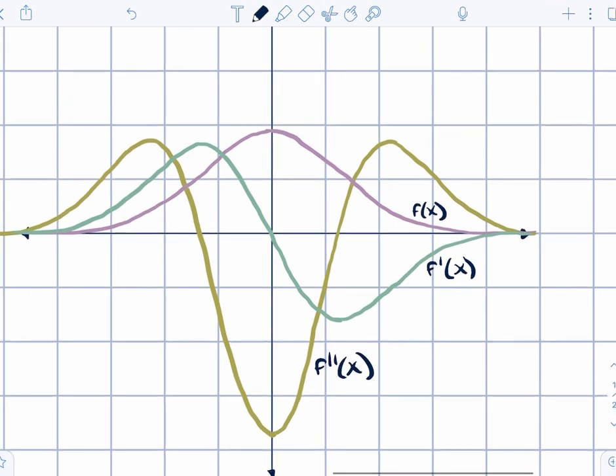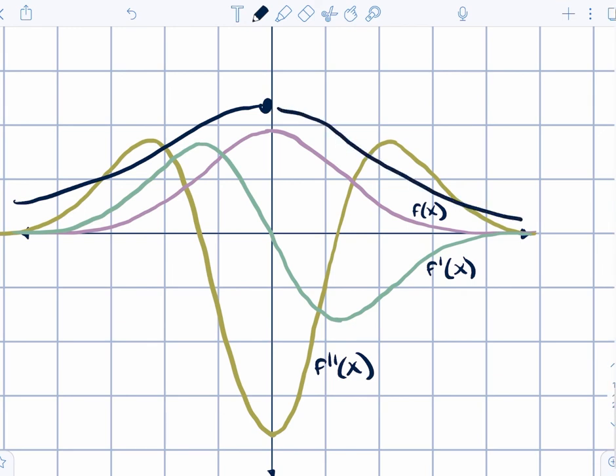Another thing that we can check for is the increasing and decreasing on the first derivative graph. On the original, it increases up until here, and then it starts to decrease, so the first derivative is positive, positive, positive, and then bam, it goes negative.